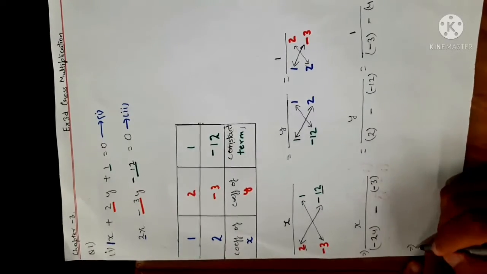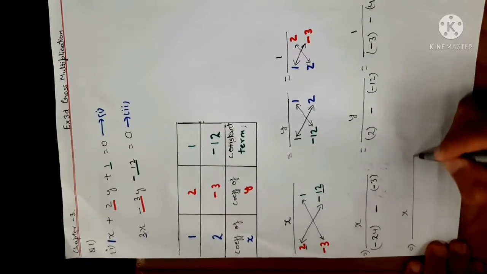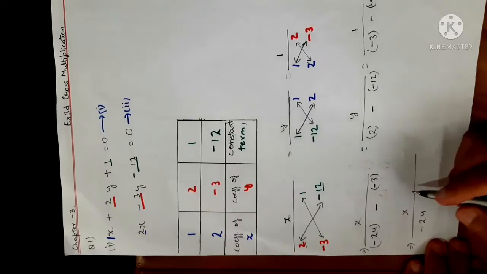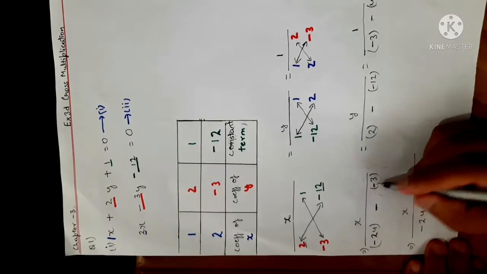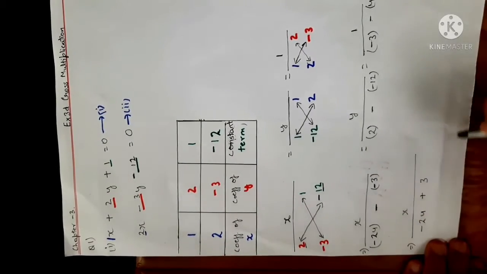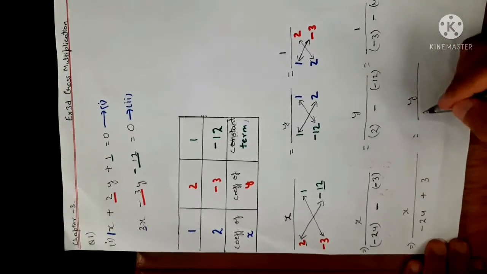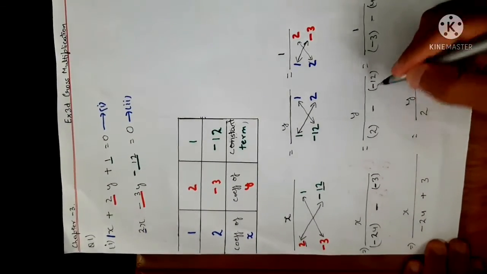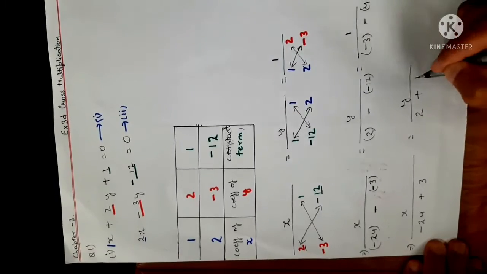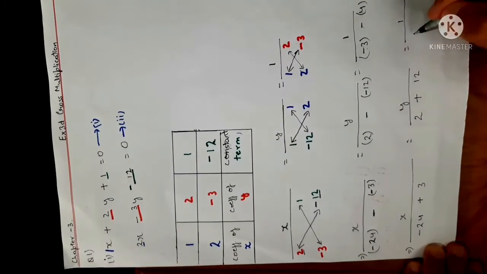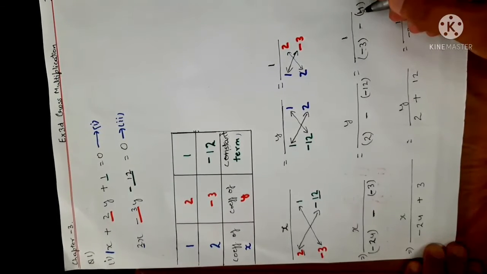So we simplify this further. We have x divided by minus 24, minus into minus we have plus 3, equal y divided by 2, minus minus 12, so we have plus 12, equal 1 divided by minus 3 minus 4.